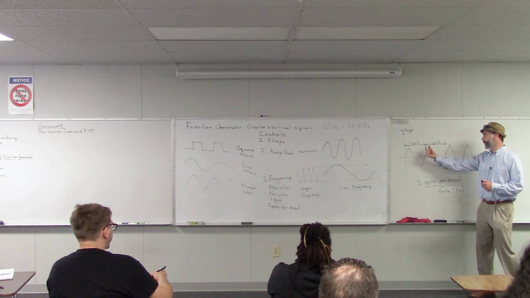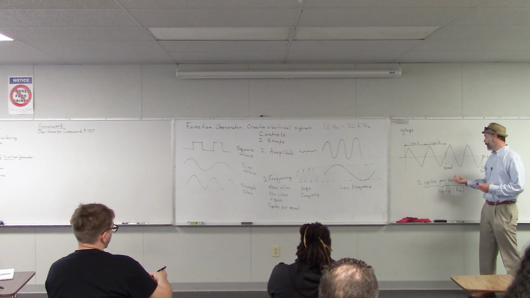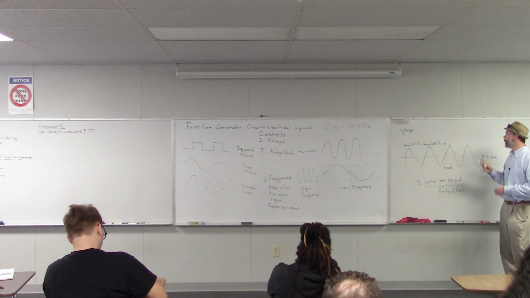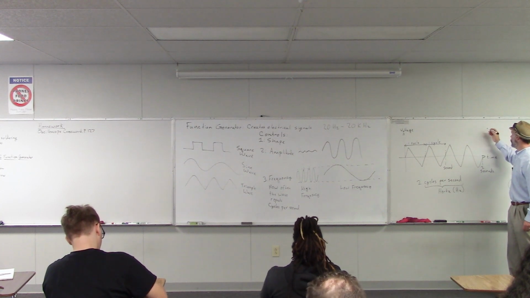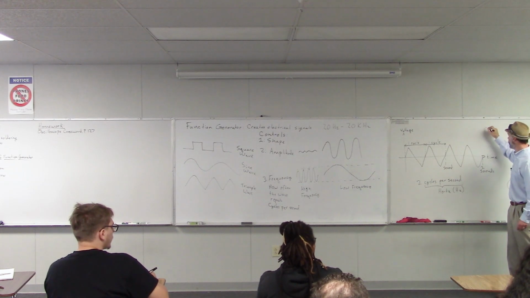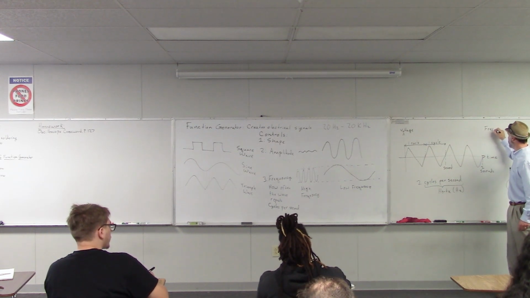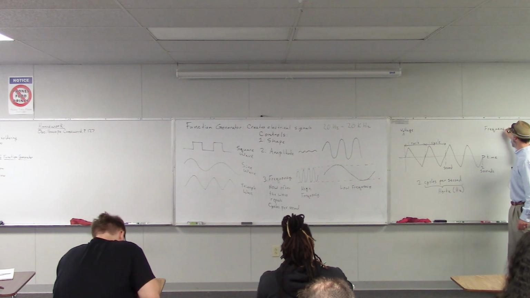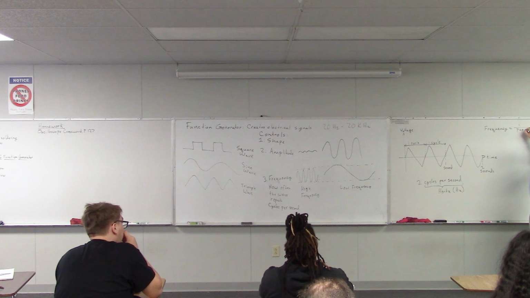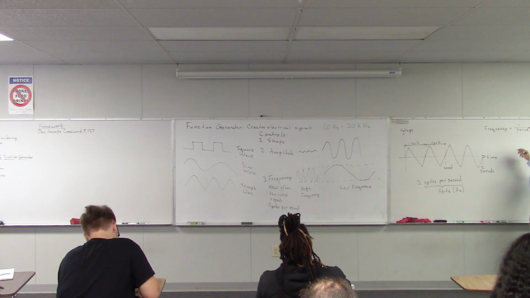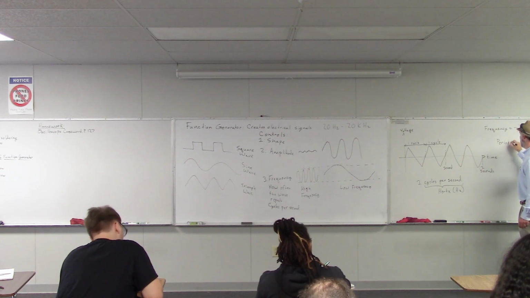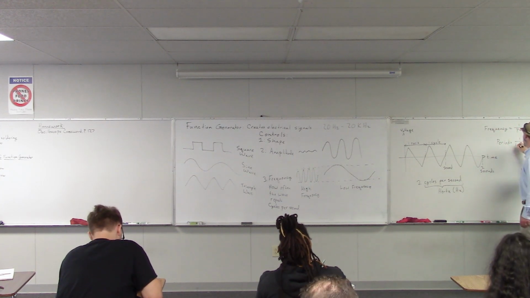So the shorter the cycle is, the more of them you'll get in a second, and therefore the greater the frequency will be. So there's a formula that you can use. If you know the period, the frequency is 1 divided by the period. And also, the period is 1 divided by the frequency.